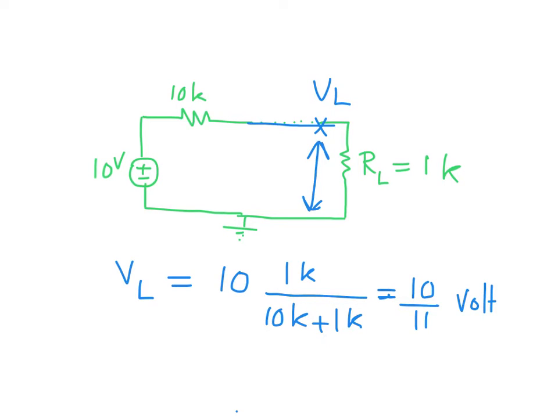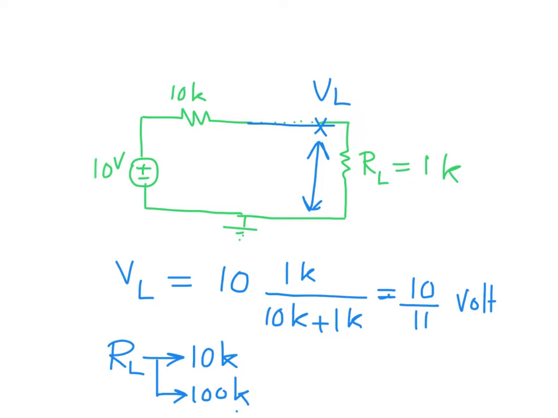So what happens if this RL becomes 10k? And what happens if it goes to 100k? Let's go first with the first one.